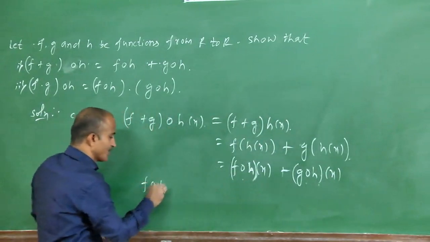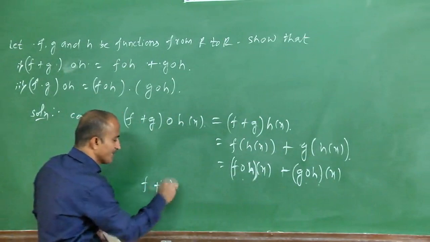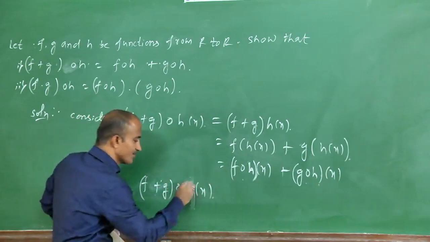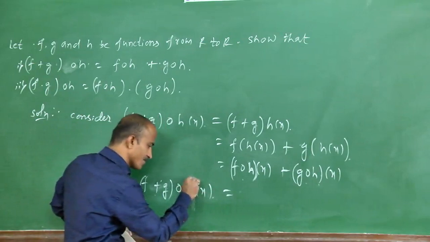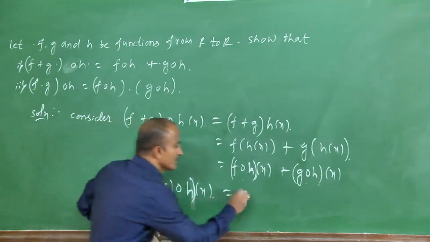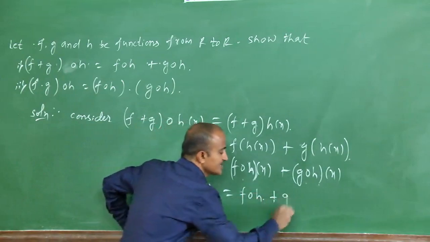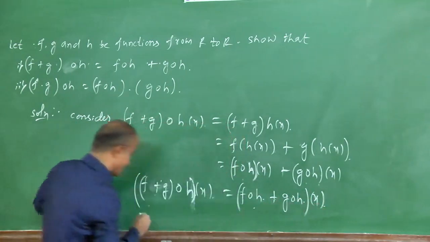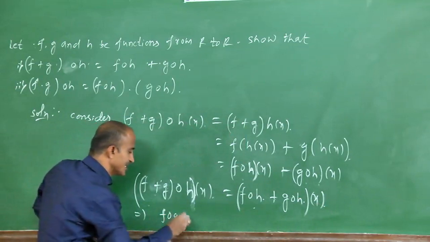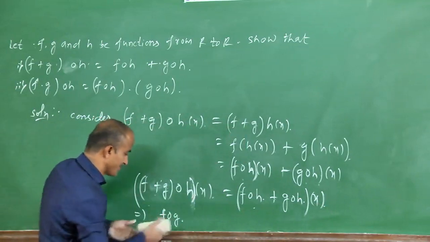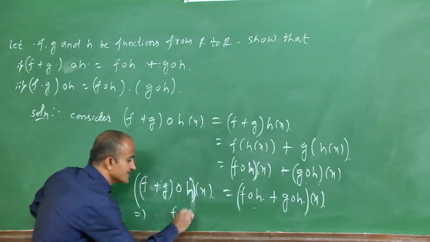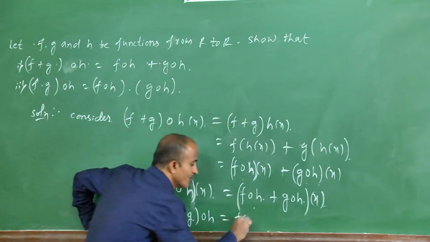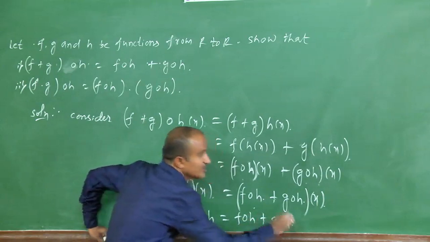Here we have (f plus g) composition h of x is written as (f composition h plus g composition h) of x, and that is true for every x, which implies (f plus g) composition h equals f composition h plus g composition h.